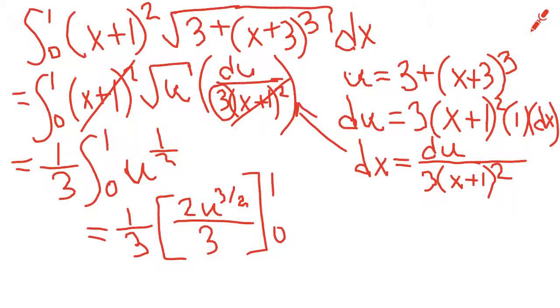So now what we have to do is plug in the u, which is 3 plus x plus 3 cubed, and then plug in the 1 and the 0 in order to get that final answer.